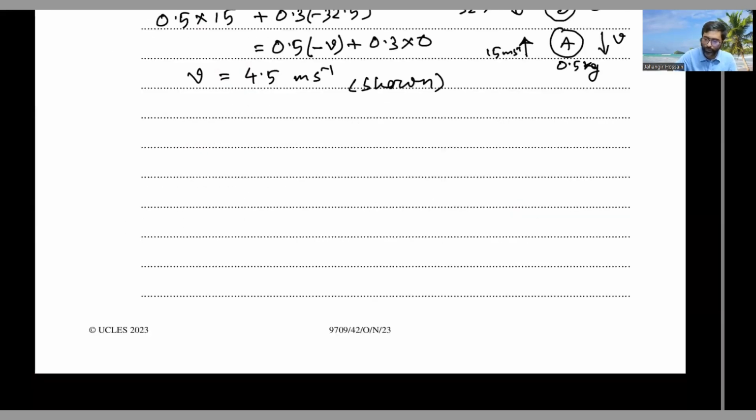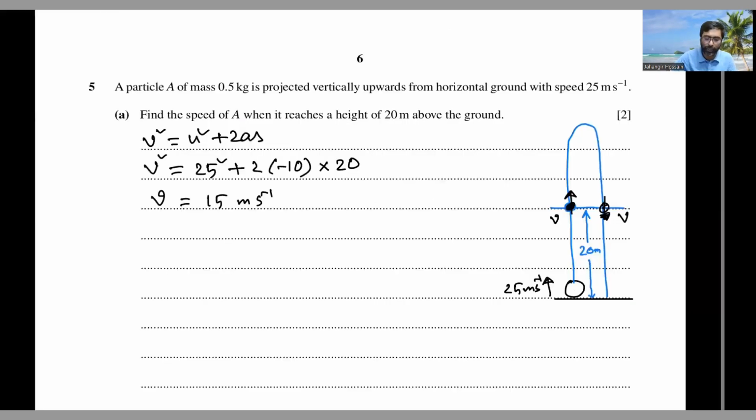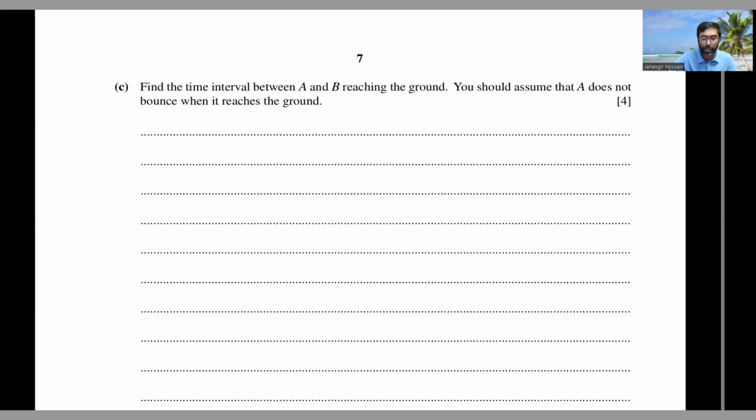Then there is part C. Find the time interval between A and B reaching the ground. Say at 20-meter height, just after the collision, A is moving downward with speed 4.5 meters per second, and B is also moving, but its initial velocity is 0.